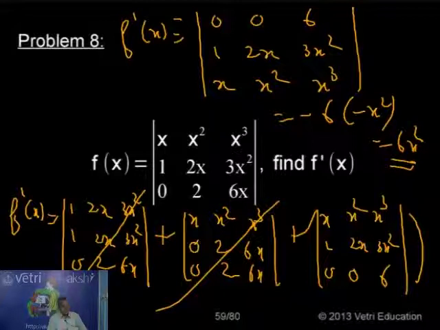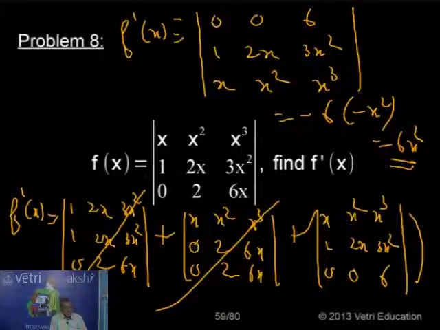Therefore, what's the methodology used? The methodology is to differentiate a determinant of third order. We write 3 determinants. In the first determinant, differentiate the elements in the first row alone, keeping the other 2 rows as they are.